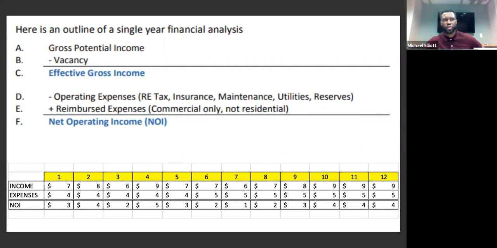And lastly, that's going to give you your net operating income for your particular property. So again, this is very simplified. You definitely want to work with your team in factoring this all out. But at the bottom line, you definitely want to make sure that you are charging enough to cover all your expenses in order to make sure that you're getting some type of return.